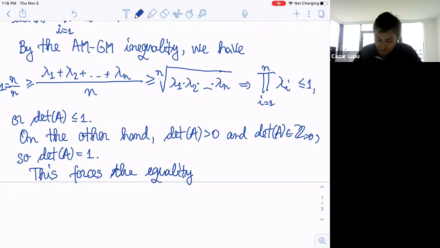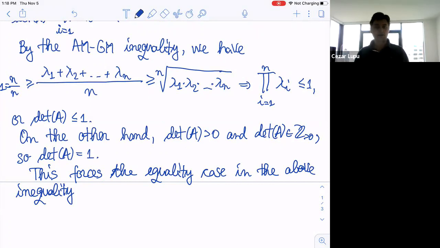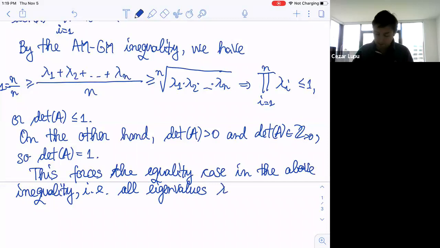So this forces the equality case in the above inequality, right? When do we have equality in the arithmetic geometric mean inequality? When all the eigenvalues are equal, which means that lambda 1, lambda 2, lambda n are equal.